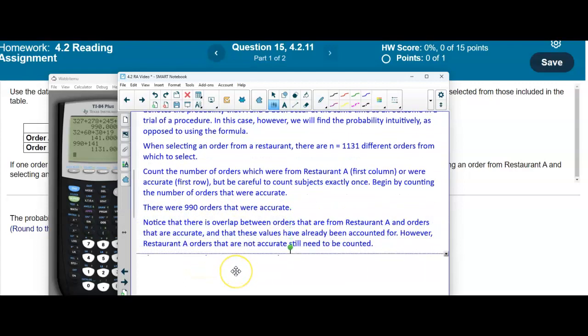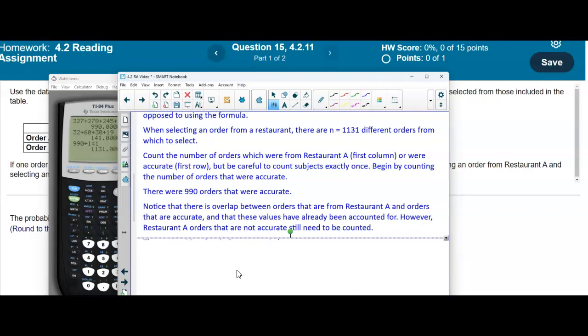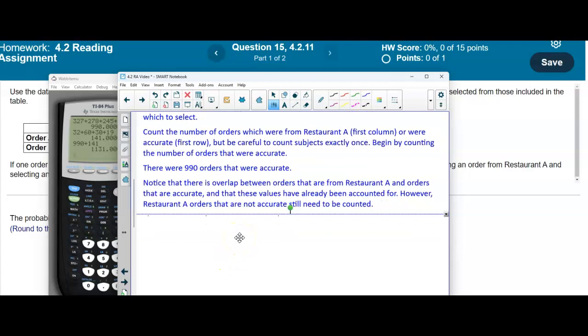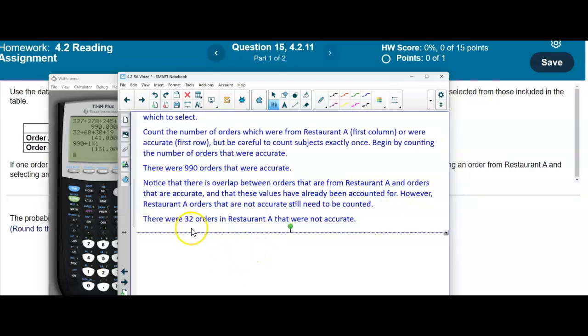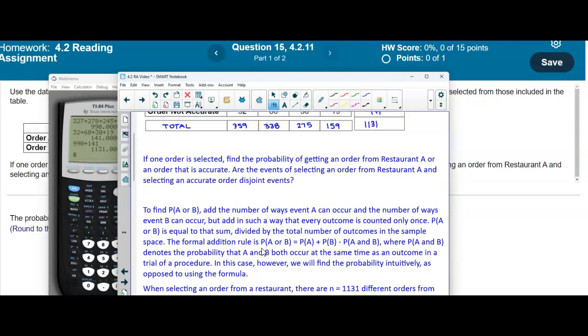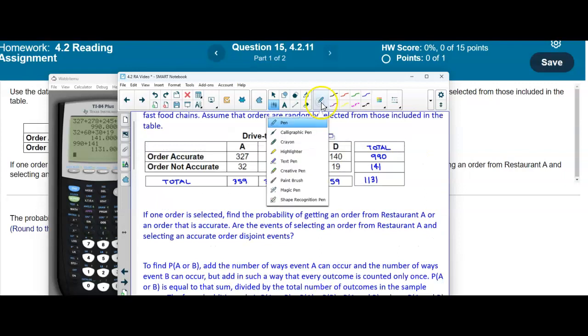Now notice that there is an overlap between orders that are from restaurant A and orders that are accurate, and these values have already been accounted for. However, restaurant A orders that are not accurate still need to be counted. So there were 32 orders in restaurant A that were not accurate. Let's take a look at what they're referring to.